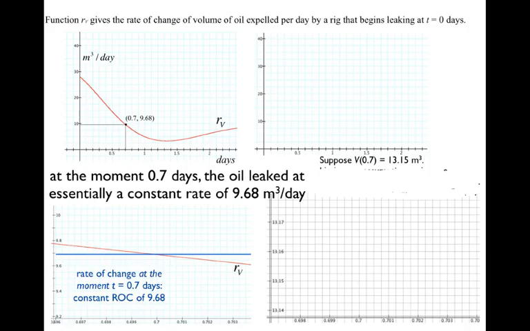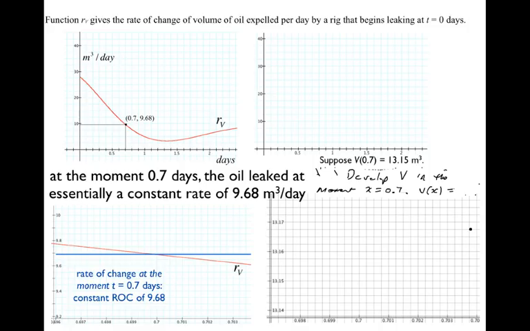Okay, so what I want you to do on your sheet of paper by yourself is develop the function v in the moment 0.7, meaning develop the function rule.